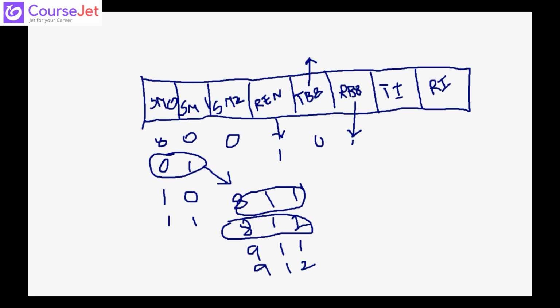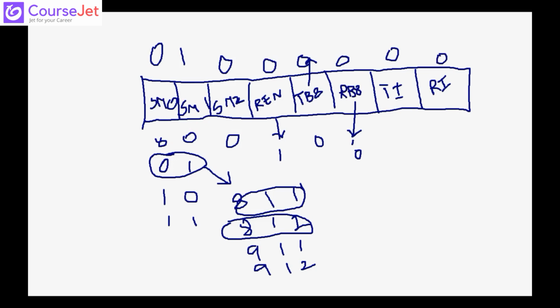So now, I am not using multiprocessor communication, so it is 0. For the transmit operation, TB8 will be 0 and RB8 will be 0, as I am not using 9 bits of data. TI and RI will also be 0.